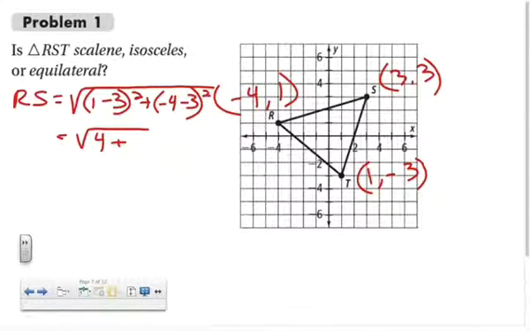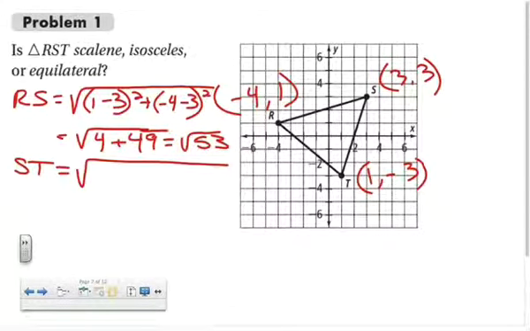Same thing with this -7 when I square it. And since the actual length of the segment is not what I'm interested in, but rather whether I have segments of equal length, just stop here. There's no reason to figure out what the square root of 53 simplifies to. Okay, let's stop there. Moving on to the next segment, ST.